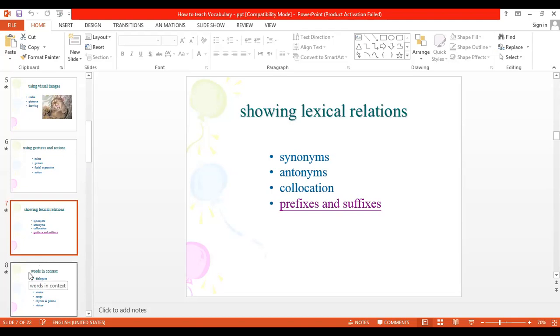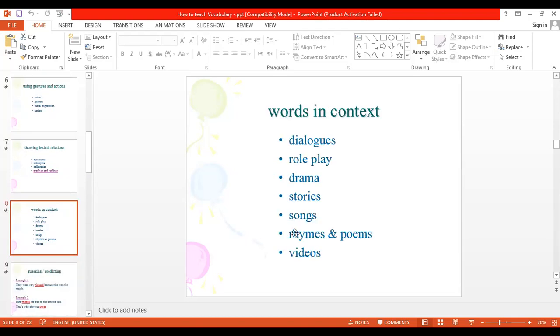So let's move to words in context. Here are these words in context. We can also do it with the young learners and with the middle and high school learners. Dialogues. I think the books, starting from Connect 1 until high school, have dialogues.